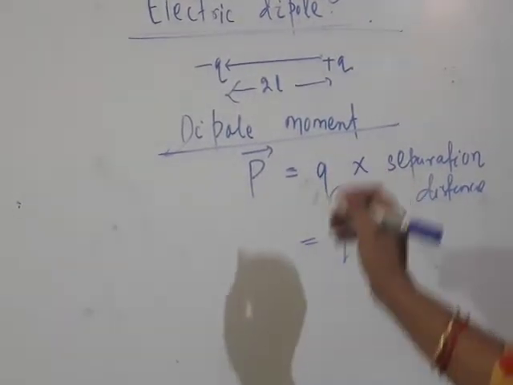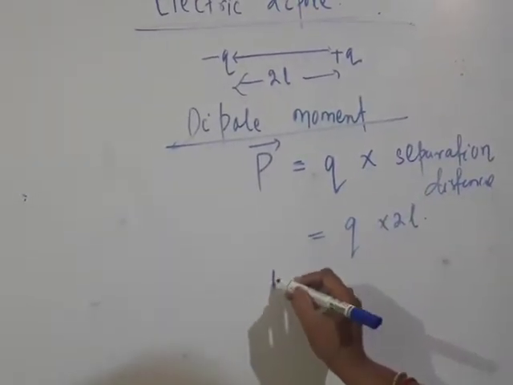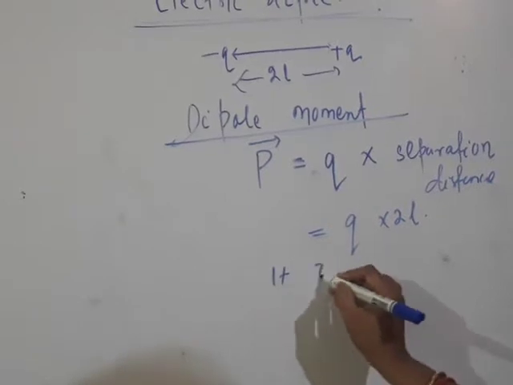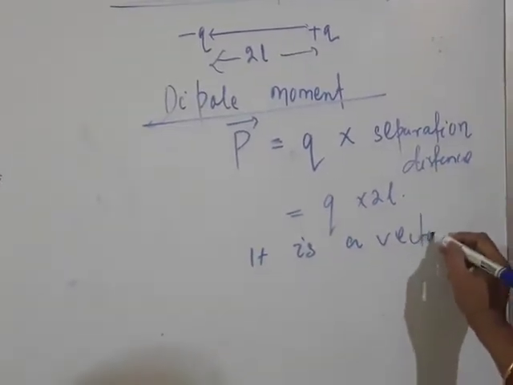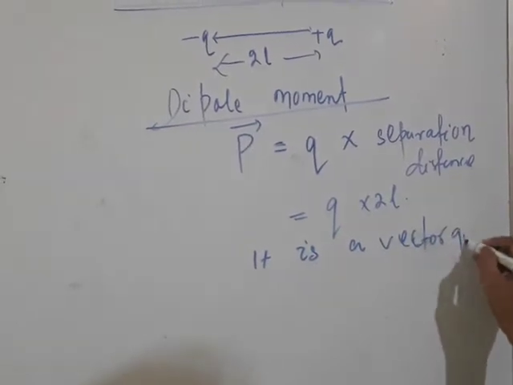And this dipole moment is a vector quantity.